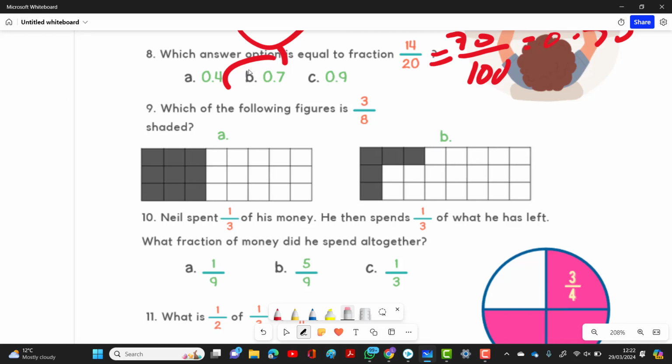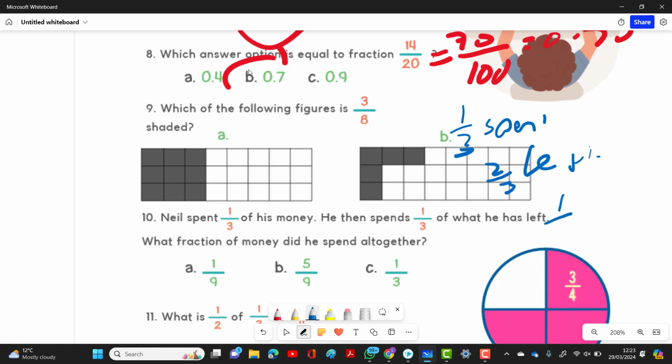Right, and then now Neil spent 1/3 of his money. So how much does he have? He has 2/3. So he spent 1/3, then he'll have 2/3 left. And then he spends 1/3 of that left.